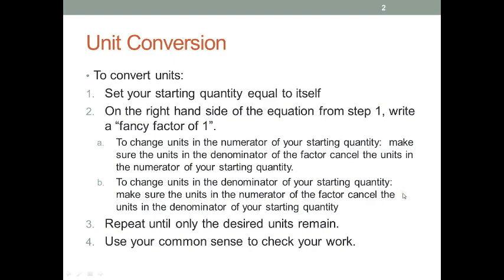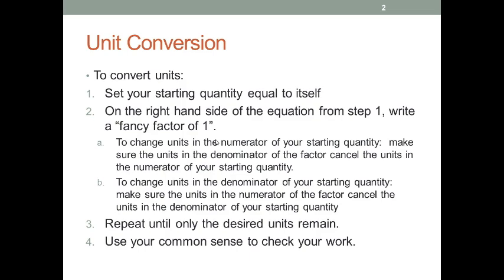Here are the steps I follow when doing a unit conversion. I set my starting quantity equal to itself. And then I start multiplying by these things that I call fancy factors of 1. The reason I call them fancy factors of 1 is because it's a fraction, but the numerator and the denominator don't automatically look the same.